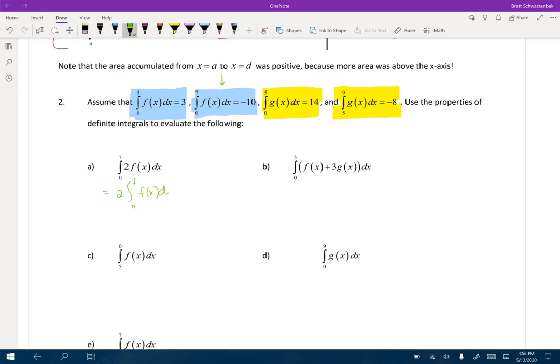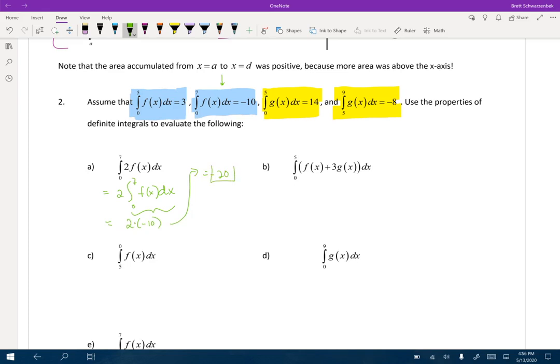So the constant can move outside the integral, and we end up with this by itself, which we already know is equal to -10, which means the resulting net area is going to be -20.